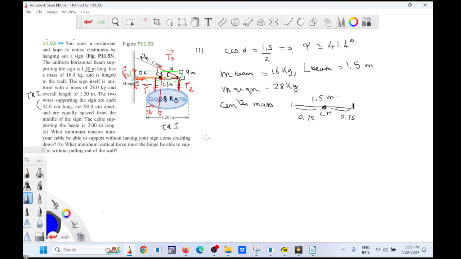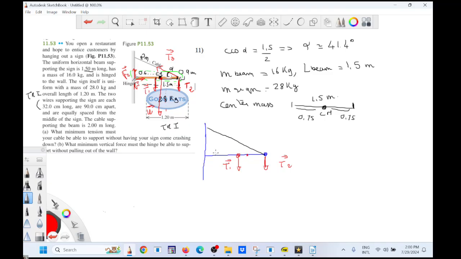So let's do a drawing again. So you have the wall, you have the beam here. Okay. And then you have the cable here, and you have T2 here, and then you have T1 here. You have the center of mass somewhere here because this is 0.6.